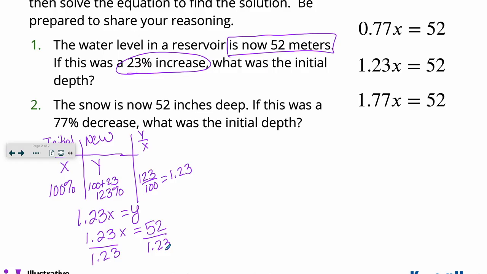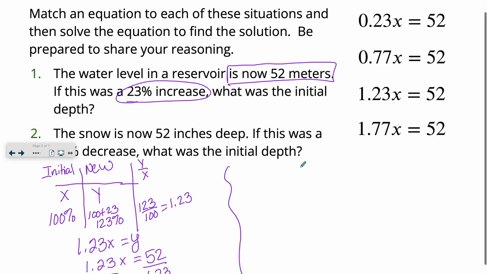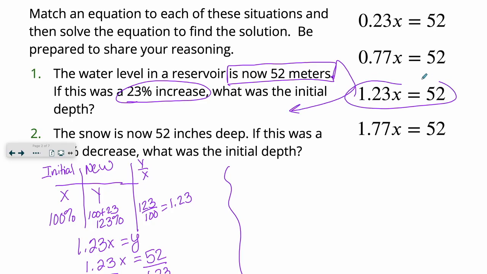And we end up with approximately 42.3 meters for our original depth. So the equation that matched that was this one. Went with number 1.